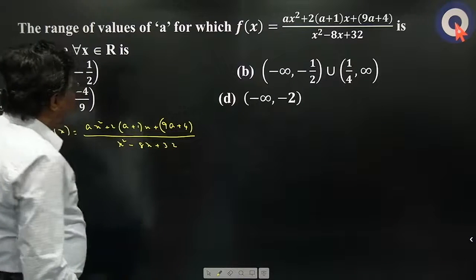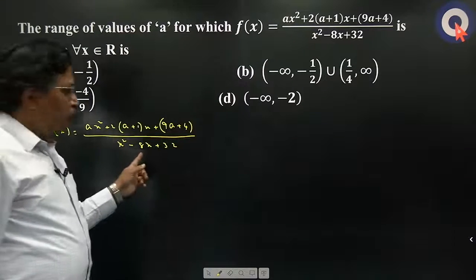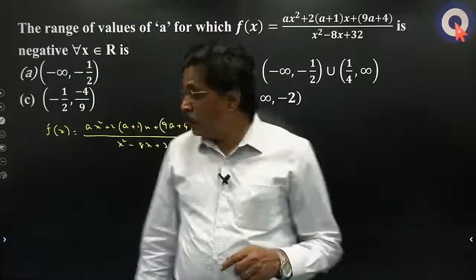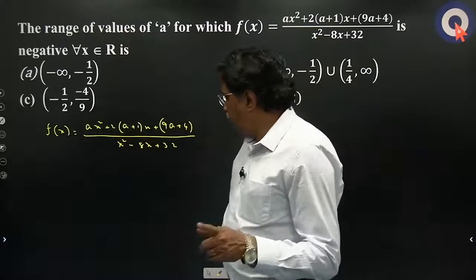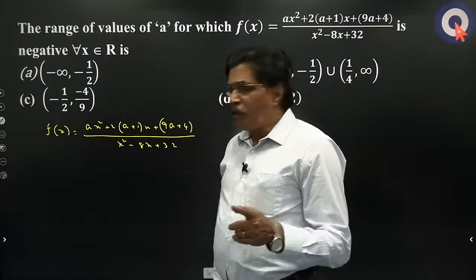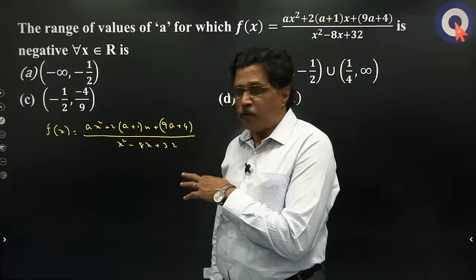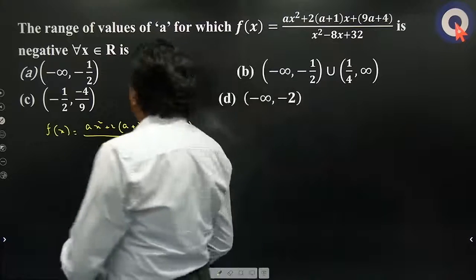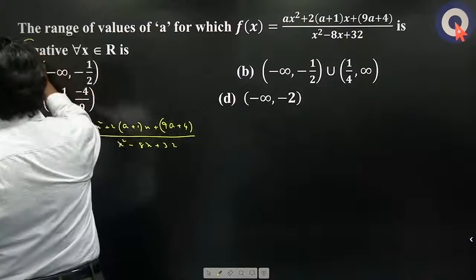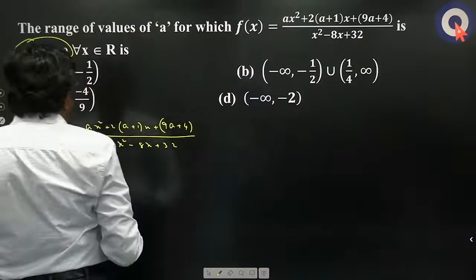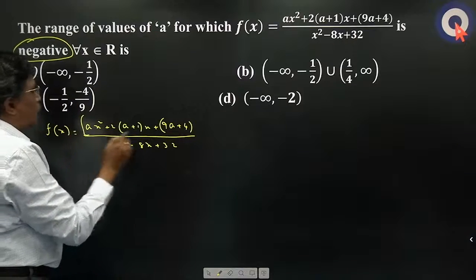So you can see the denominator's b square minus 4ac is negative. So therefore, the denominator is always positive as the coefficient of x square is positive. So therefore, for f(x) to be negative, it is sufficient that the numerator is negative, right?